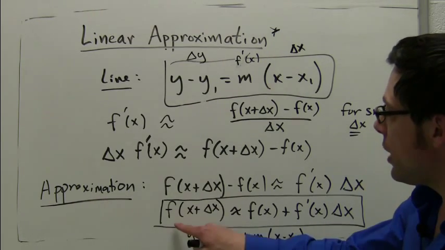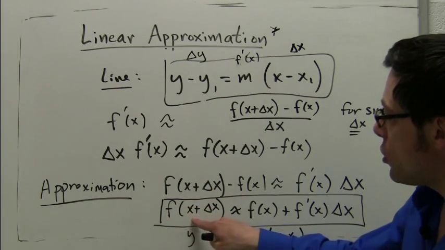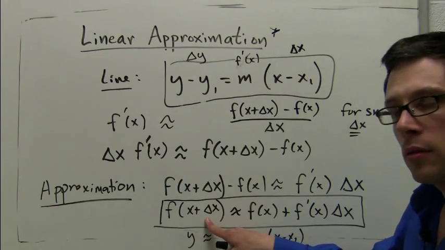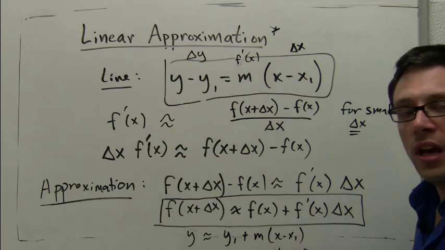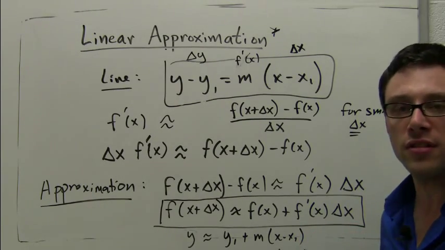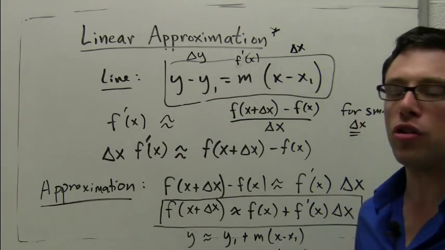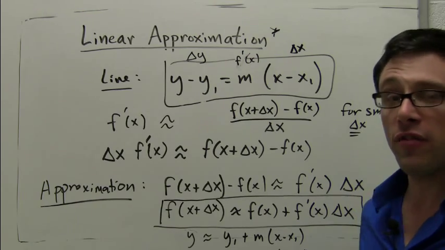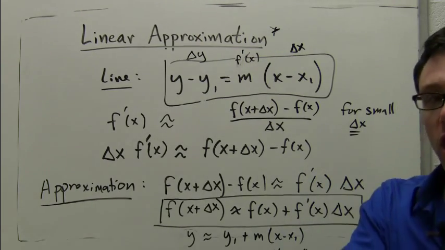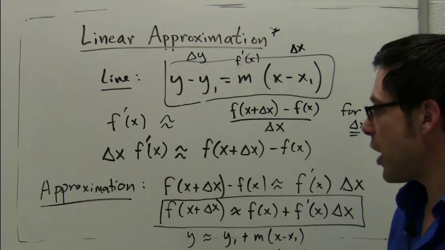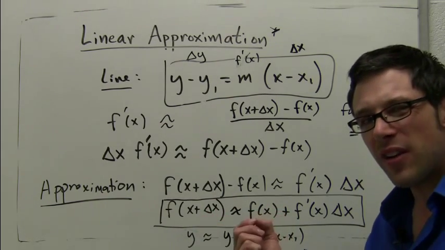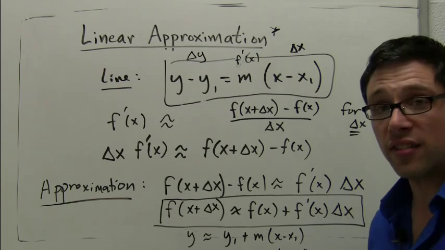But really what it's doing is it's approximating the value of the function just a little bit away from x. Okay? This is the general formula that I have. And if you can remember this, then it doesn't matter what f is. It can be any nonlinear function, no matter what it is. Even if I don't tell you explicitly what the nonlinear function is, you can still use this to approximate the value of this f at some x values nearby x.